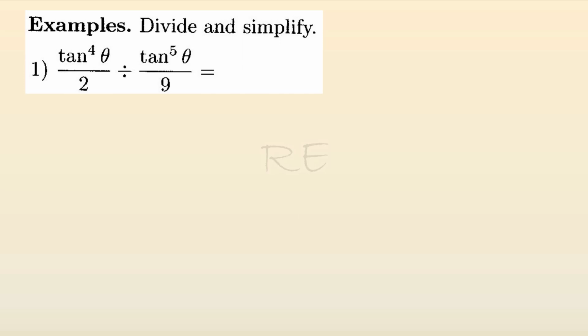Now, to divide two trigonometric expressions, we'll multiply by the reciprocal and cross cancel. Division is multiplication by the reciprocal. 2 tan fourth theta over 2 multiplied by 9 tan fifth theta.